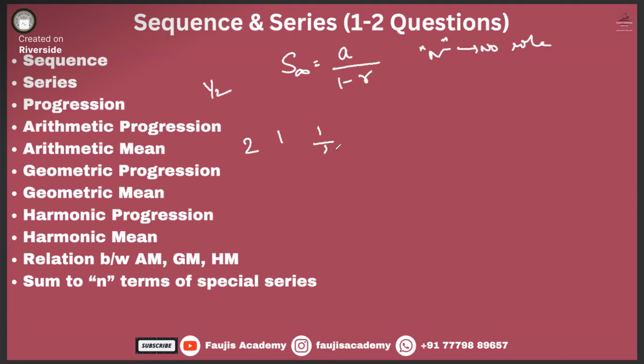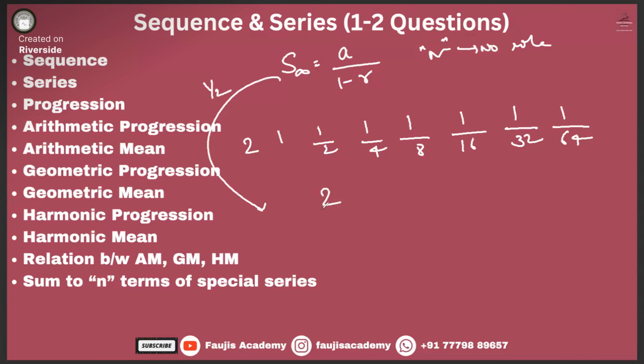Then 2, 1, 1 by 2, 1 by 4, 1 by 8, 1 by 16. If you do A by 1 minus R, how much is that? 4.